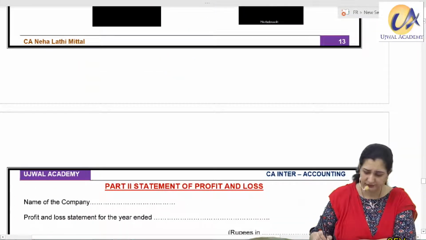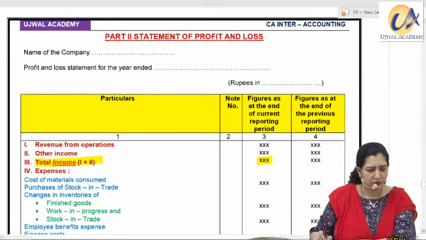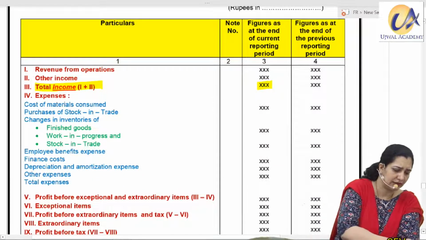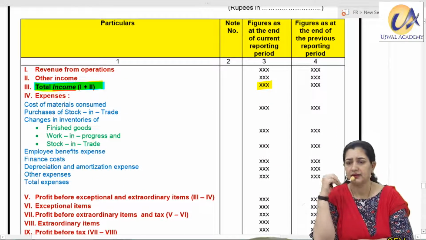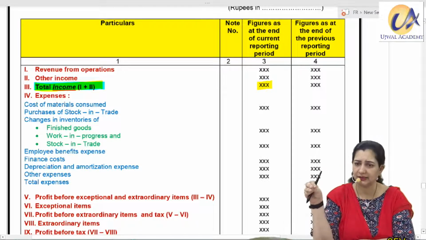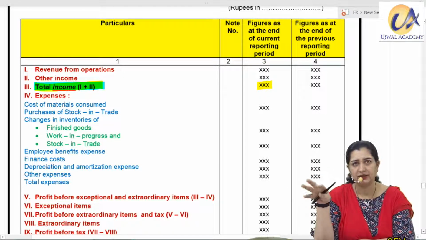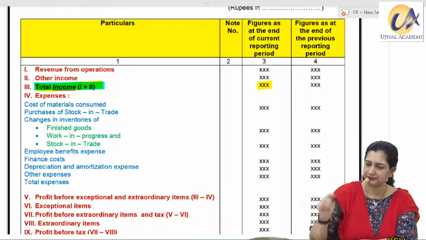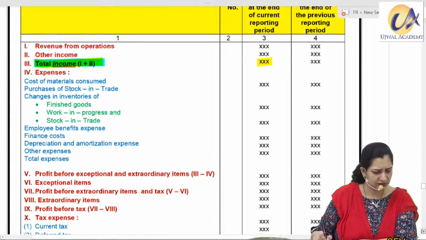Ratios is important. P&L, only one format change in P&L, which we call now total income. Can you see? Revenue from operations we have plus other income is equal to total income. Earlier this was called total revenue. Now we call it total income. Simple? Okay. That's it. No other change in my P&L.